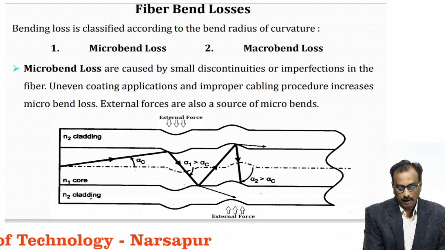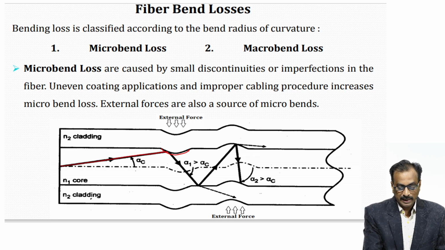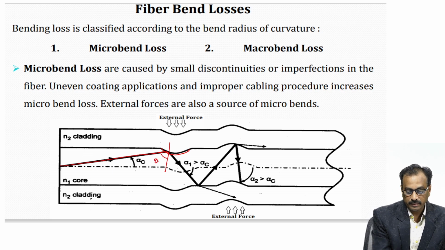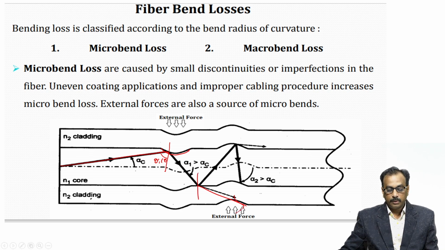Suppose here the optical fiber bends slightly. Whenever the light ray enters the curved surface, it does not satisfy the condition for total internal reflection. The angle of incidence is less than the critical angle. This light ray can escape from the core material. Due to this, some signal can enter into the cladding material.